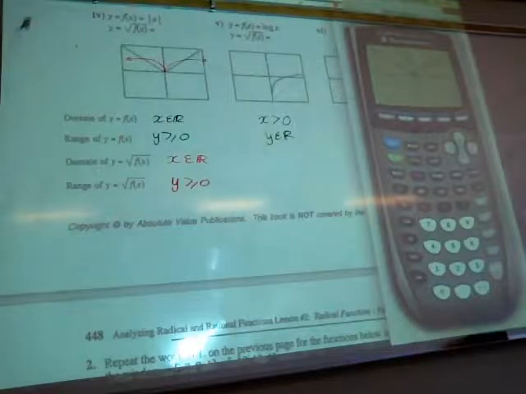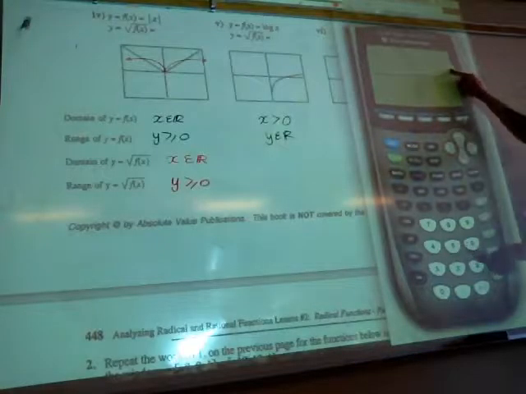So let's compare the logarithm to the radical logarithm. So log x and the radical of log x. Graph it. Again, that negative piece is not included, just this portion here.